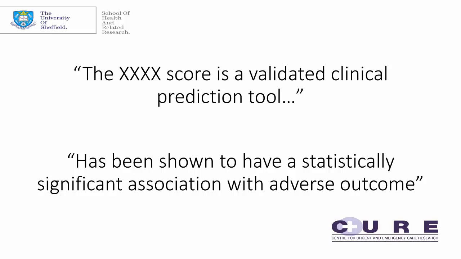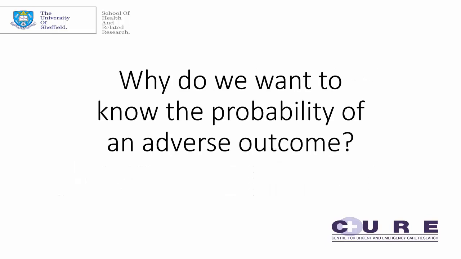There's a lot of statistical analysis you can do to tell how good a clinical prediction tool is. My question for today really is, even if we've got a good, well-validated clinical prediction rule that accurately predicts someone's likelihood of having an adverse outcome, how do we actually use that in practice, and how do we use that to inform decision-making on what we're going to do with patients?